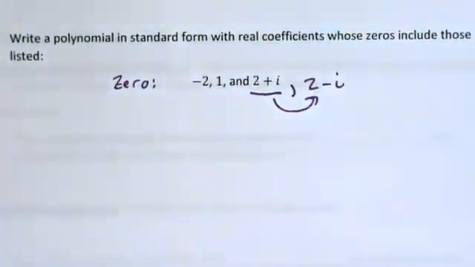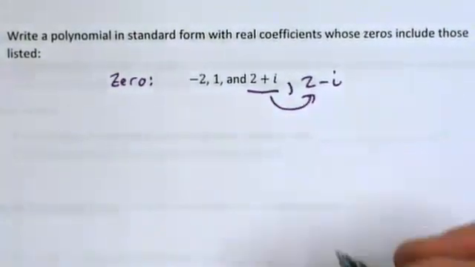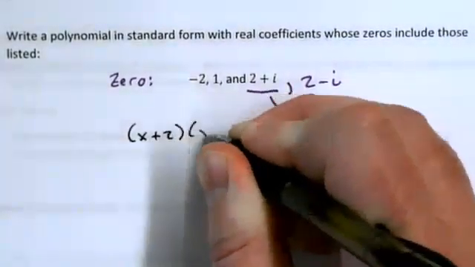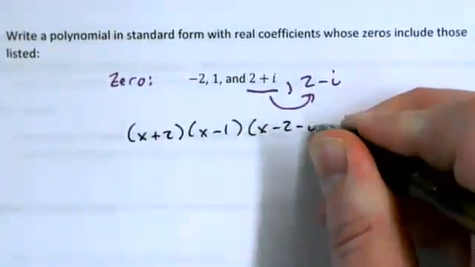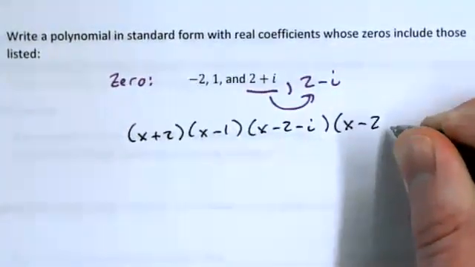So even though they only gave us 3 zeros, I know that there have to be 4. So we're going to write down our 4 factors, and then we'll just need to multiply those out. My 4 factors are x plus 2, x minus 1, x minus 2 minus i, and x minus 2 plus i.